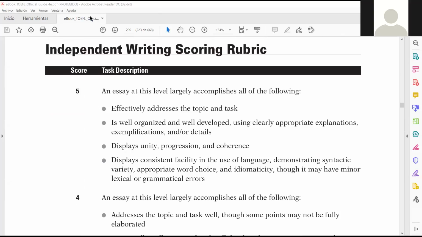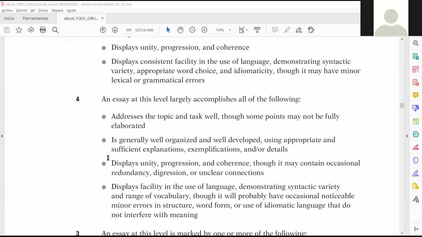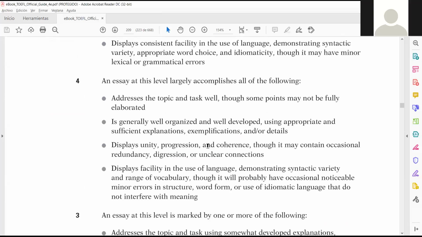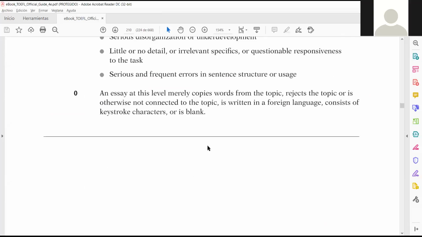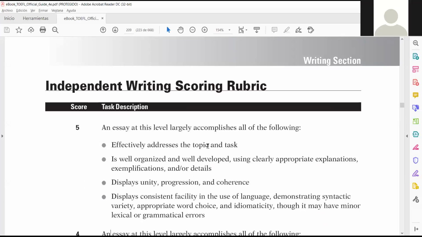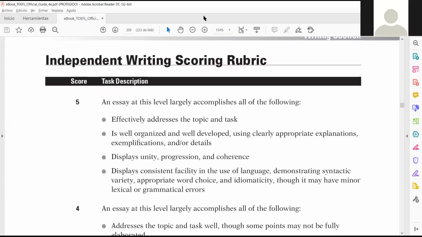So these essays are scored from 0 to 5, as you can see. And it is a good idea that you are aware of how you are scored.